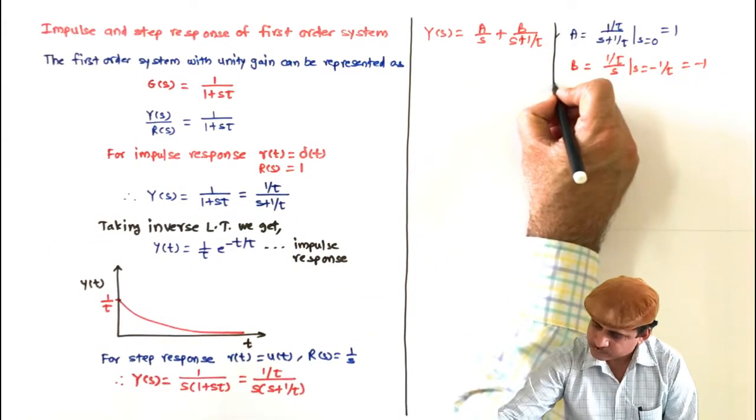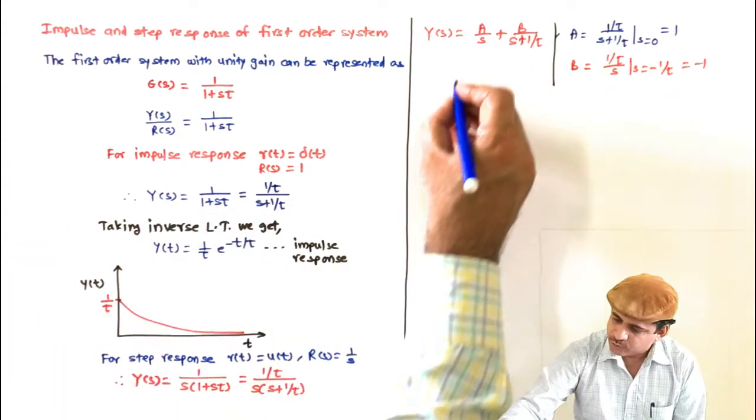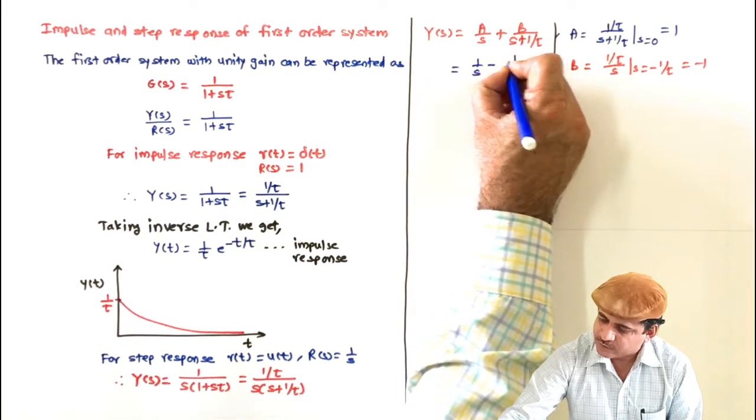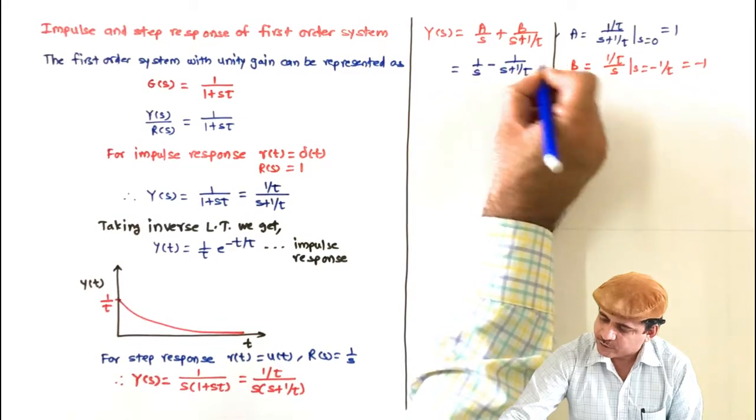So this is equal to 1 by S minus 1 by S plus 1 by tau.